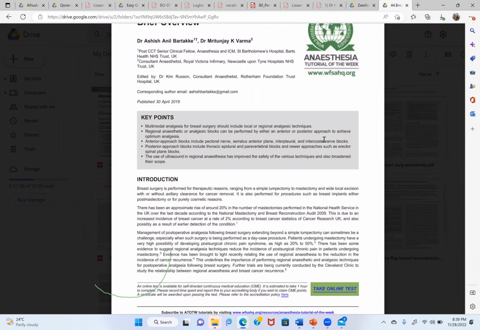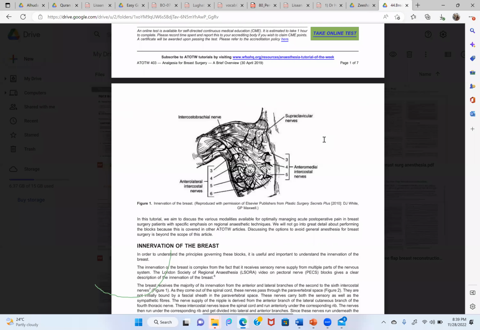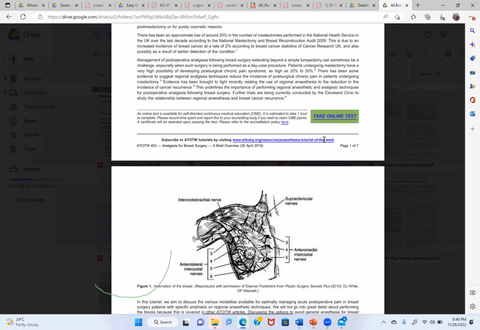In some centers when they are doing the mastectomy, sometimes they are doing the reconstruction as well, putting the implant in the same go. This is also happening in some parts of the world, according to the patient scenario.